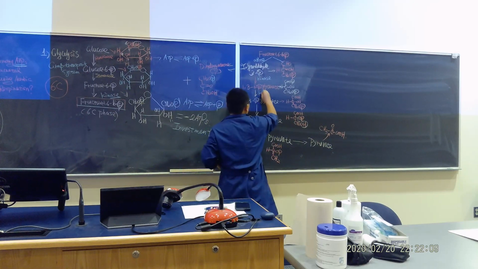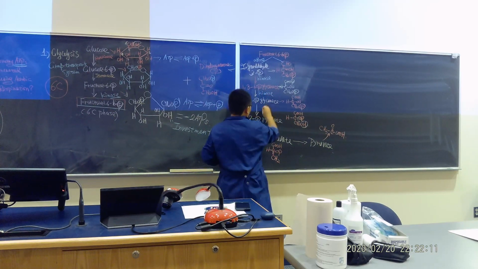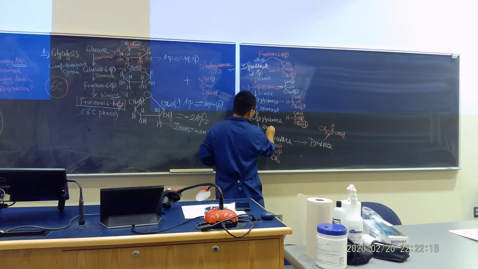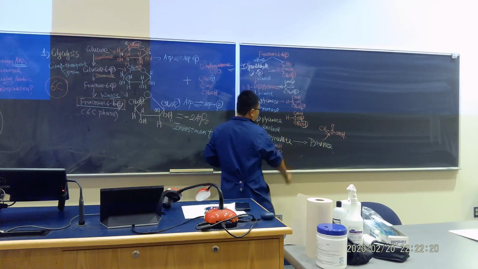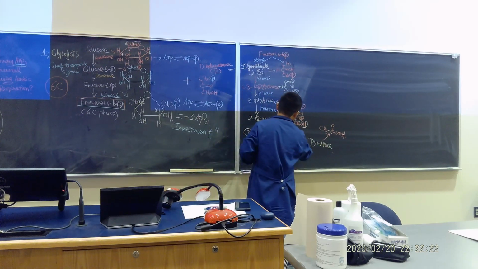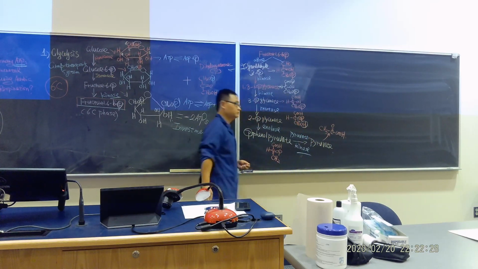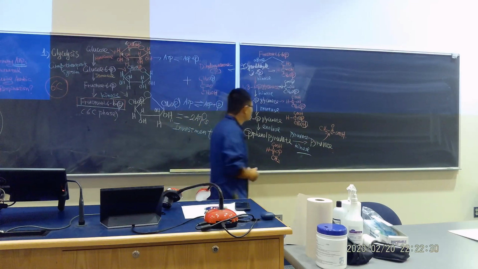Phosphoglycerate kinase. How about here? Mutase. Okay, how about here? Enolase. How about the last one? This is pyruvate kinase. So easy. Everything is the same. Just the name. You look at the name, you know it. So it's just something extra.